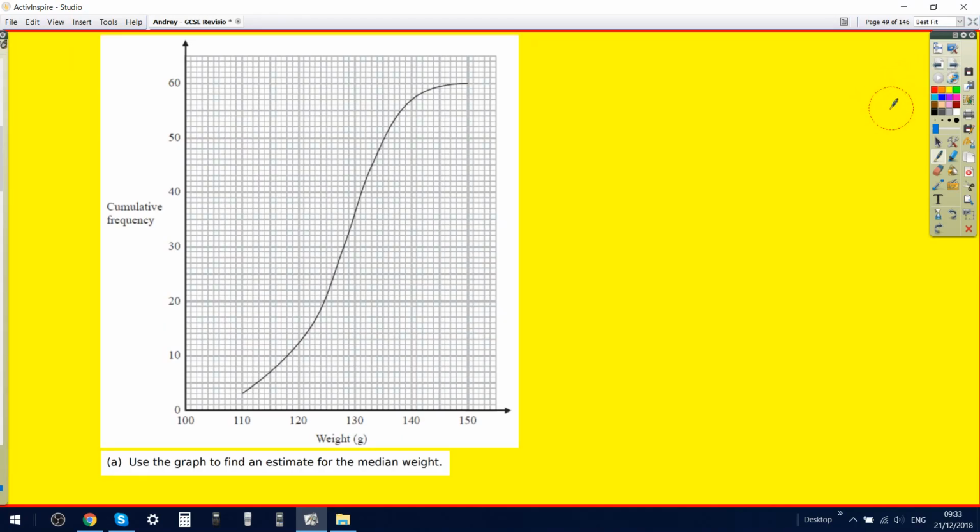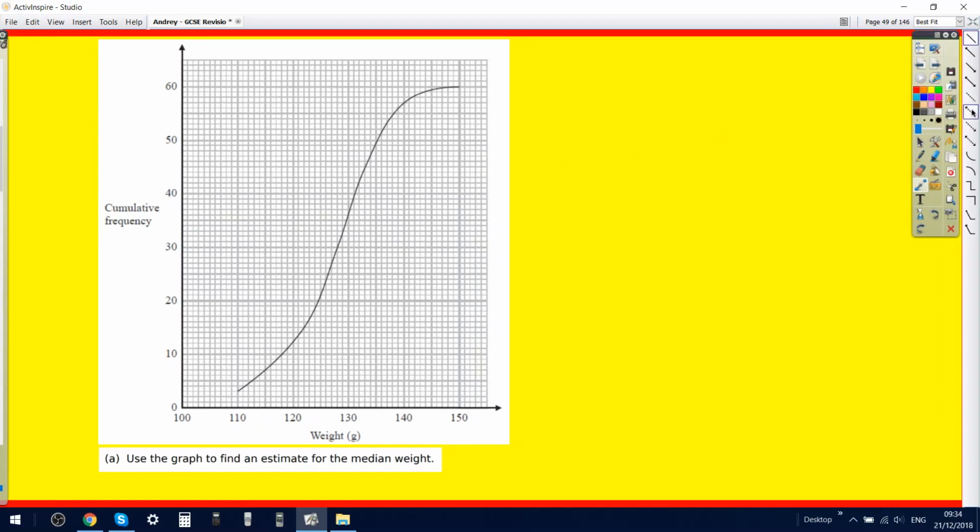Okay, how do we do this? Is the median weight something like 128?